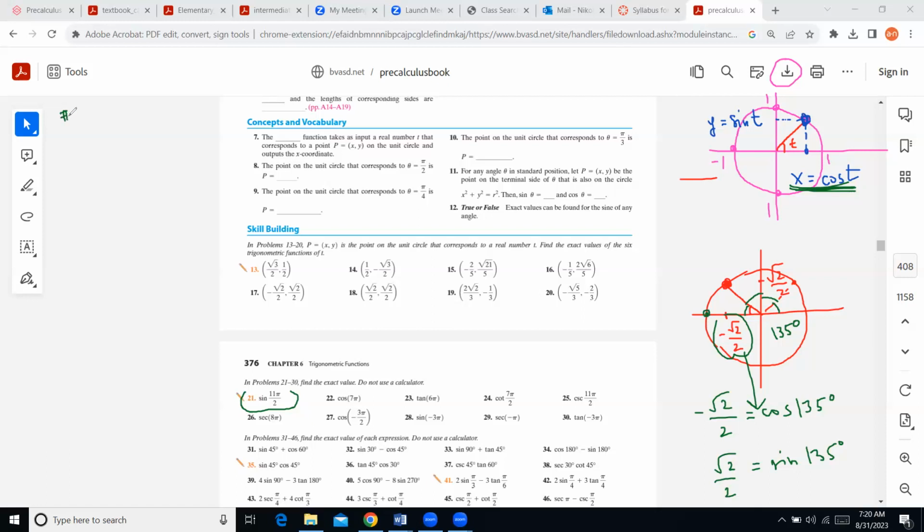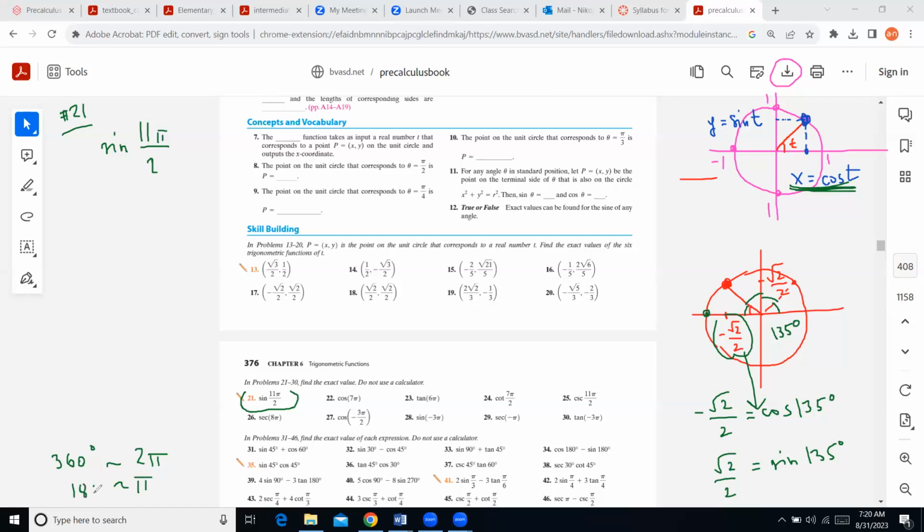So I need to think of this angle and I will make a picture of it. 11 pi over 2. Remember that we declared that 360 degrees rotation is all the way around, which is equivalent to 2 pi on the unit circle. And if you divide both sides of this by 2, that's going to be 180 degrees.